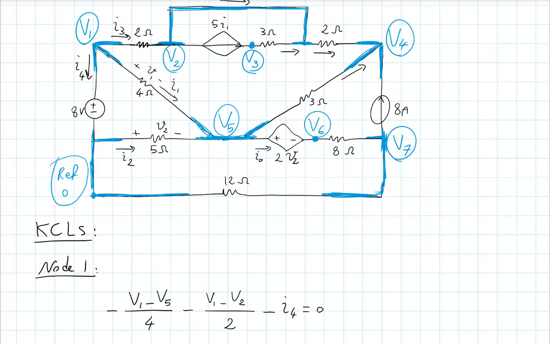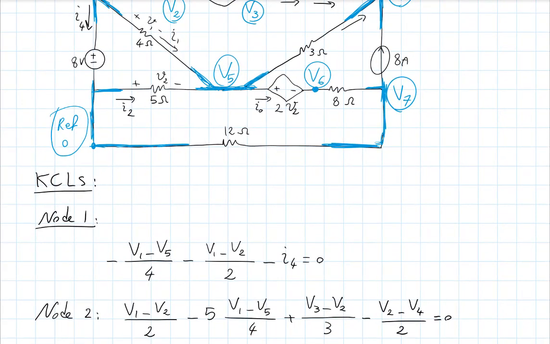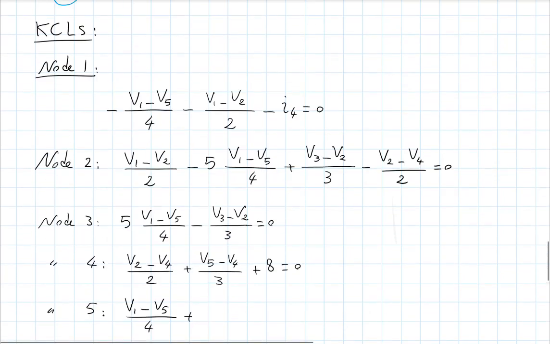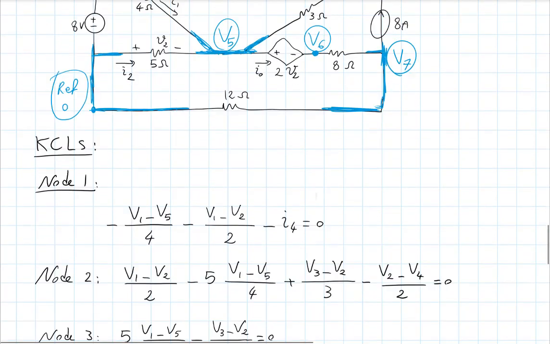So I have I1, which is V1 minus V5 divided by 4, plus I2, which is 0, this reference here, minus V5 divided by 5. Plus the current I2, which is 0 minus V5 divided by 5.